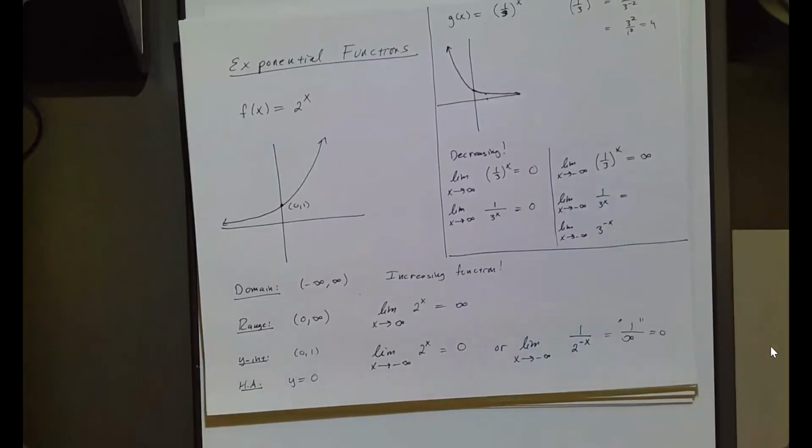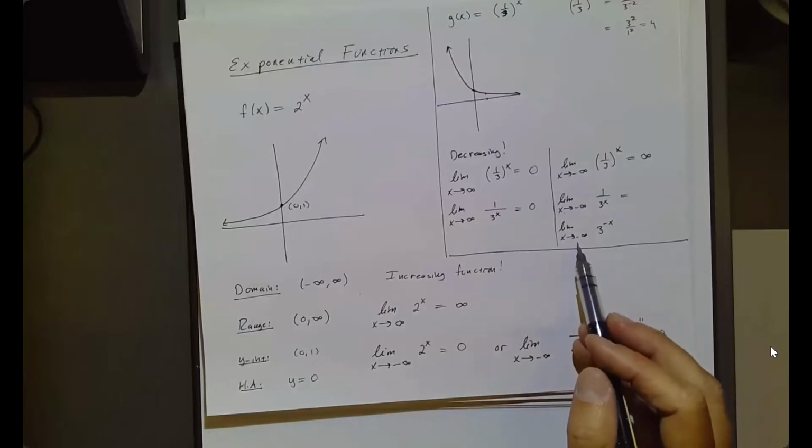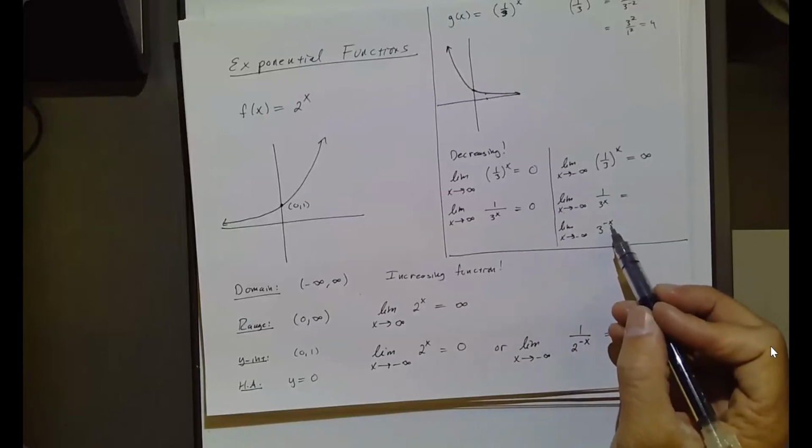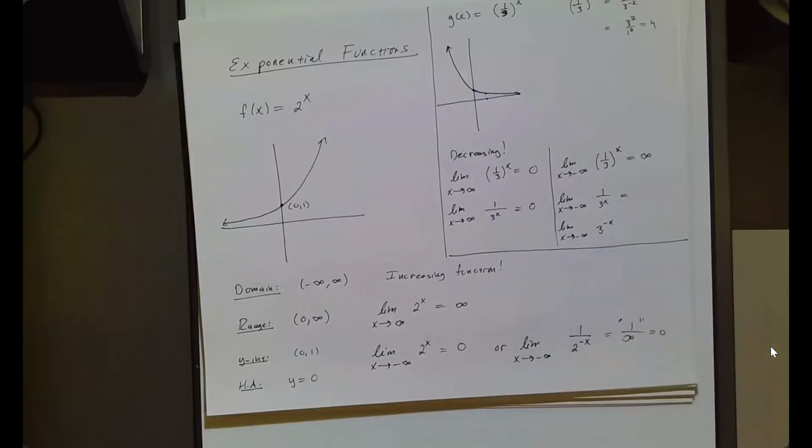Again, I'm making it so I have a positive exponent. If x is going to negative infinity, then I have 3 to the positive infinity, and that is getting infinitely large.